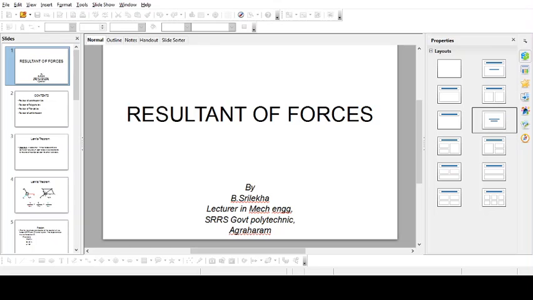Either take P by sin 120 equal to Q by sin 150, next Q by sin 150 equal to R by sin 90, and then P by sin 120 equal to R by sin 90 degrees. If you take three equations, you can get all the values. On equating the first two, P by sin 120 equal to Q by sin 150, you get P by Q equal to 1.73. Next, for Q and R, taking Q by sin 150 equal to R by sin 90, I am getting 0.5.